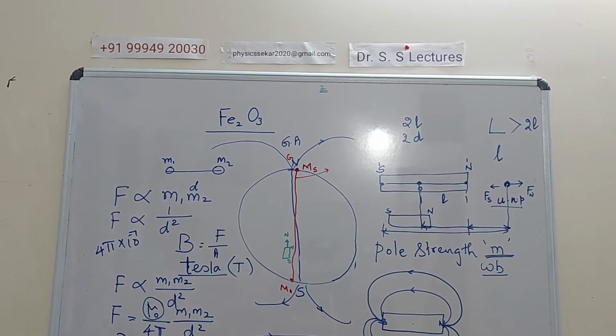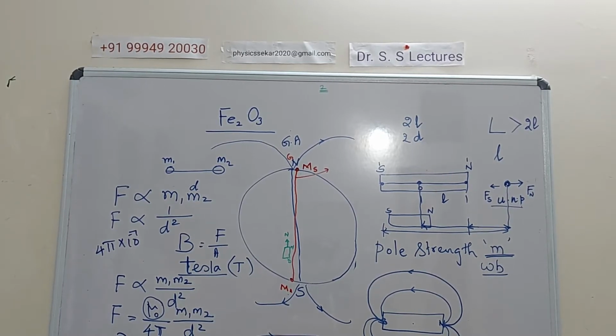Further, we have also discussed the geometrical length and the magnetic length. Why do we consider the total length of the magnet as 2L instead of L itself? Because we are always trying to find the distance of any other point from the midpoint of the magnet. Therefore, the semi-length is more useful for all practical considerations and calculations.